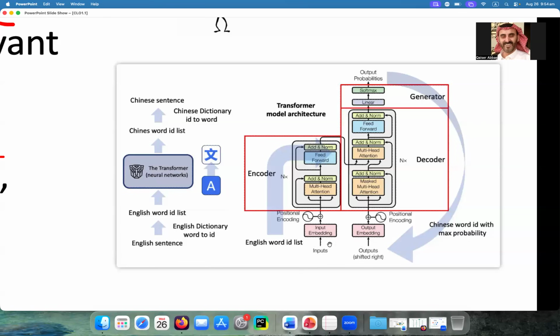So this sentence in English, this sentence in Chinese, going into it, converting it, embedding, adding positions, going into the attention head. This is the same, but it is masked. Okay, mask is something used for hiding something. Then after normalization, it is going again to multi-head attention.